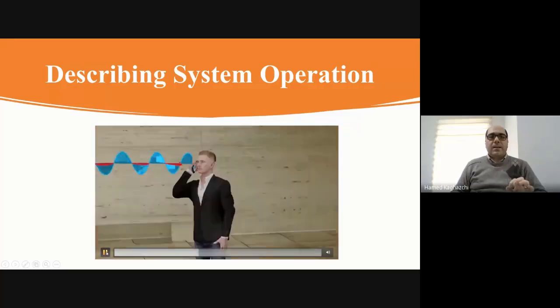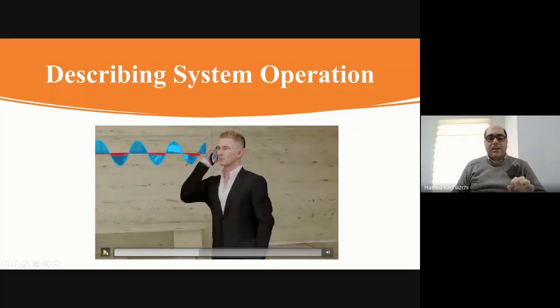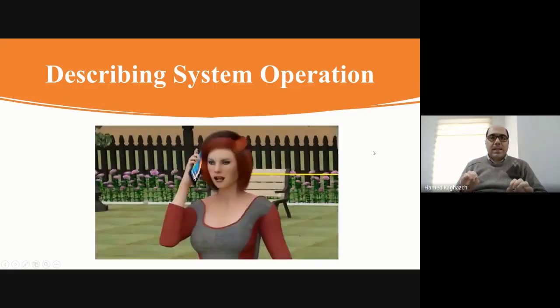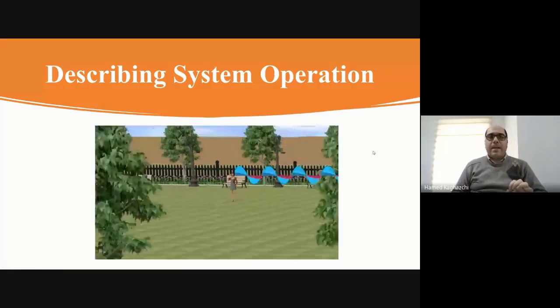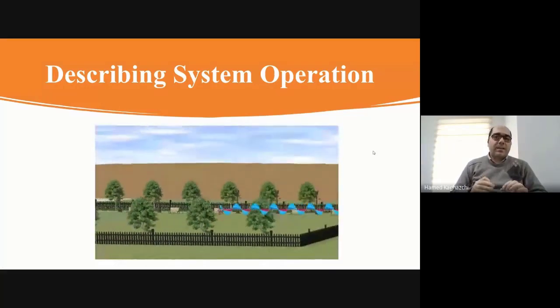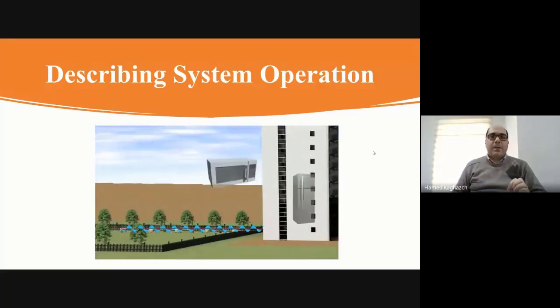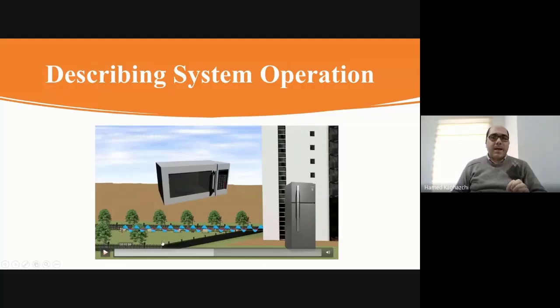Okay, this electromagnetic wave is transmitted to the destination point. But as I said to you, this electromagnetic wave cannot travel directly between two different sections because of some problems that cause the strength of this electromagnetic wave to be reduced.